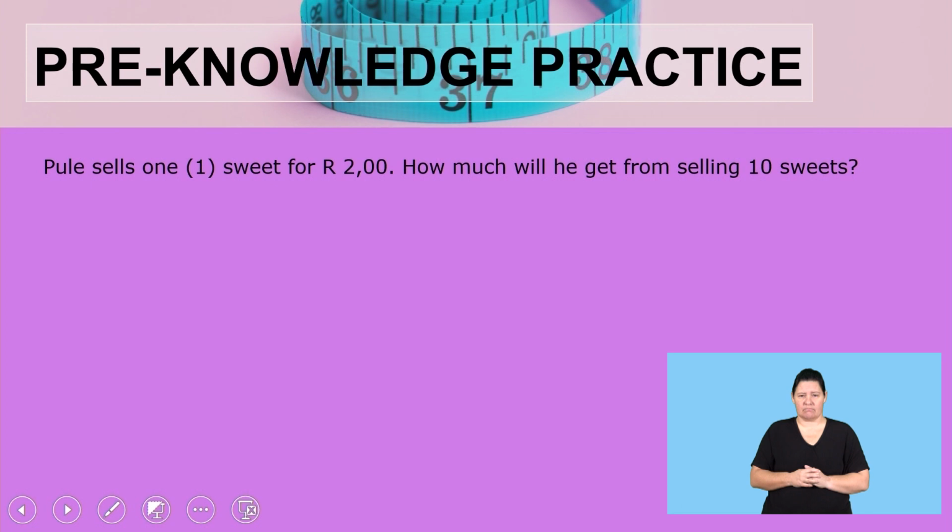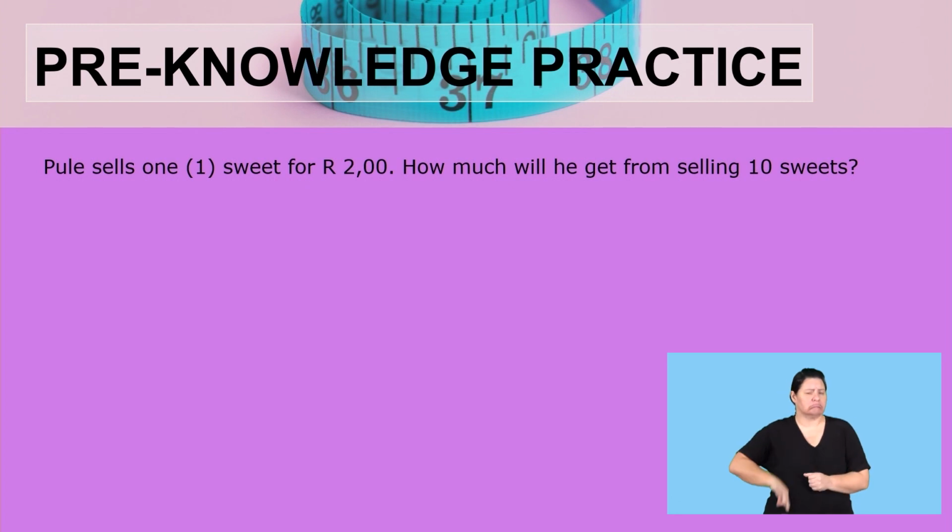And let us practice the concepts that need to be applied in this section. Question number 1. Pule sells 1 sweet for 2 rand. How much will he get from selling 10 sweets?